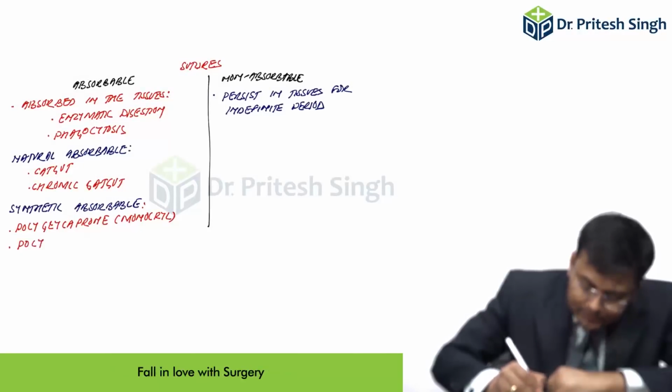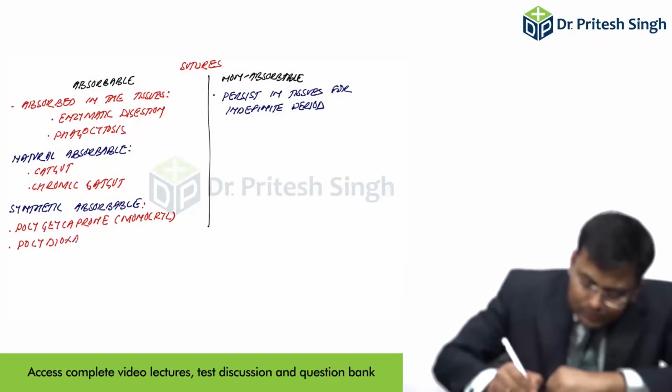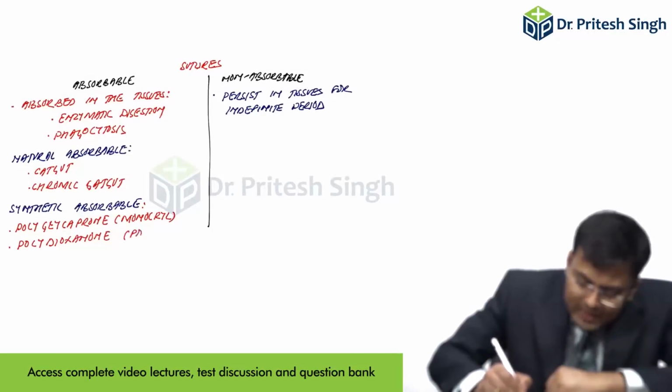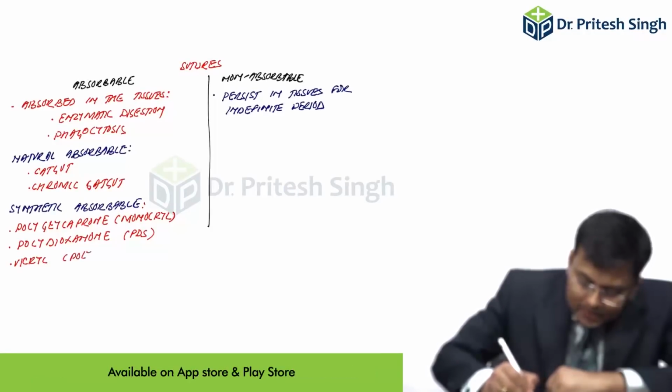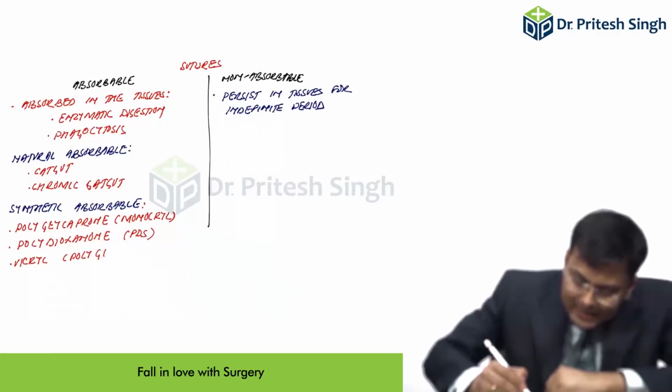Polydioxanone. The other name of polydioxanone is PDS. Vicryl. What's the other name? It's also known as polyglactin.